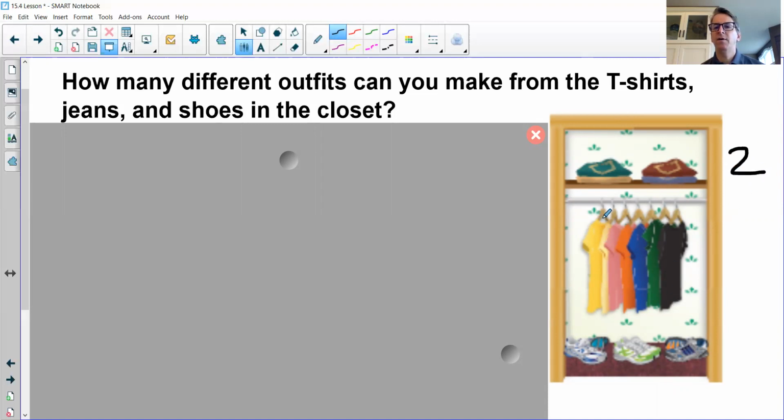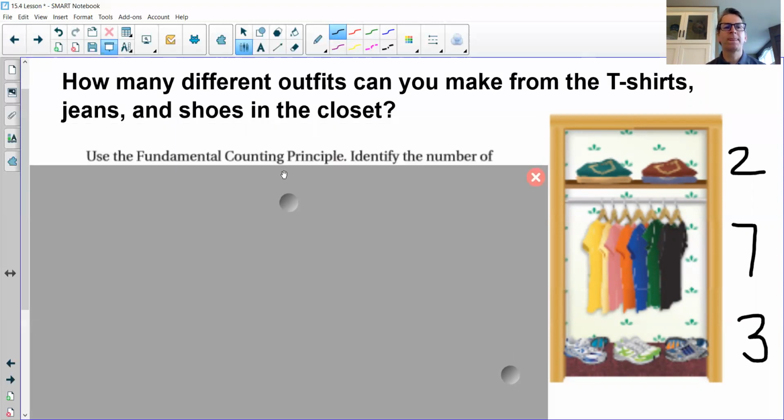And we've got 1, 2, 3, 4, 5, 6, it appears to be 7 different colors of shirts. And we have 3 different pairs of shoes. We're not really getting picky on what goes with what, so just put that off to the side. We're just looking for combinations. So we're going to use the fundamental counting principle.